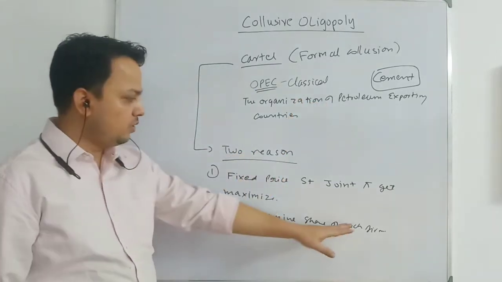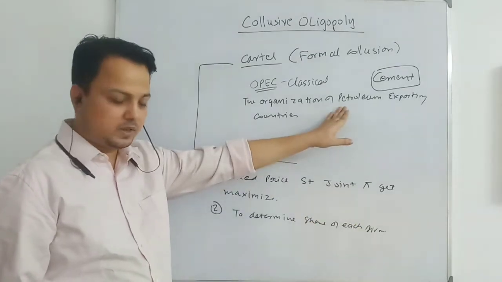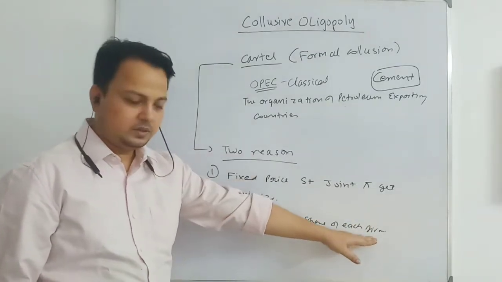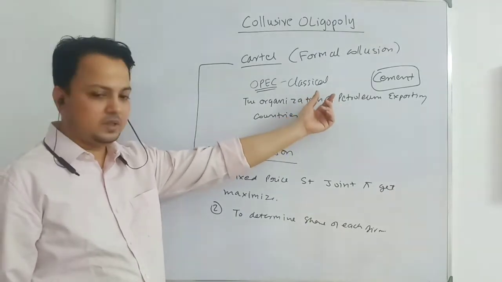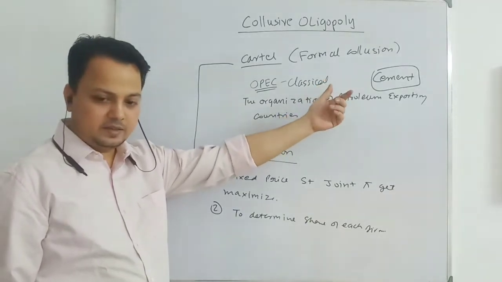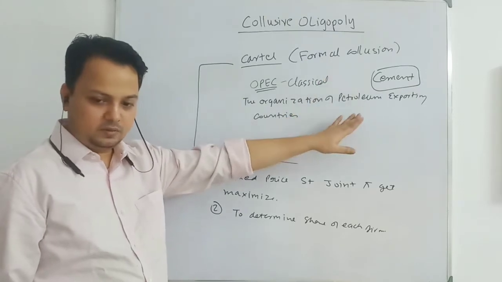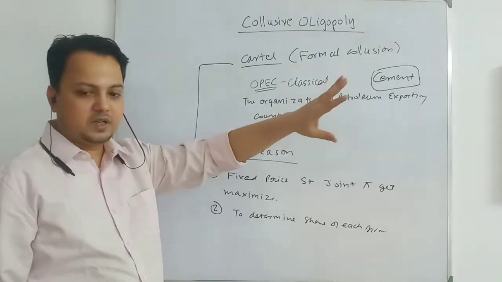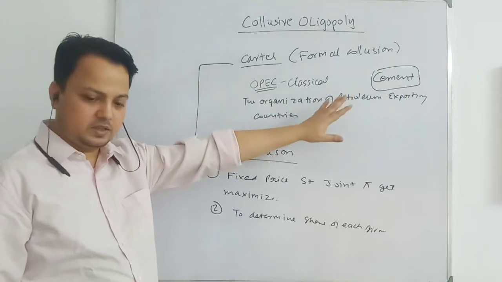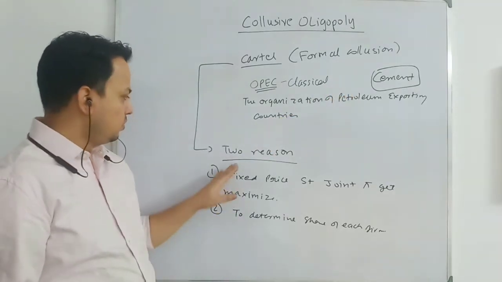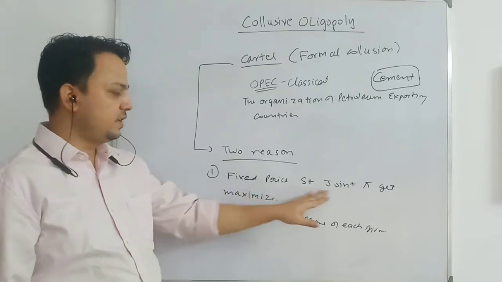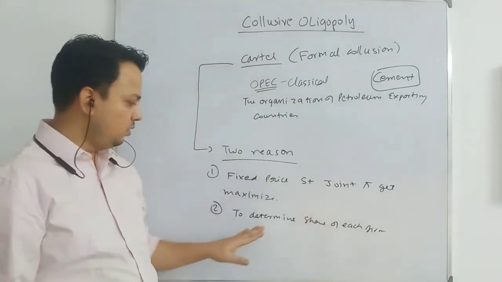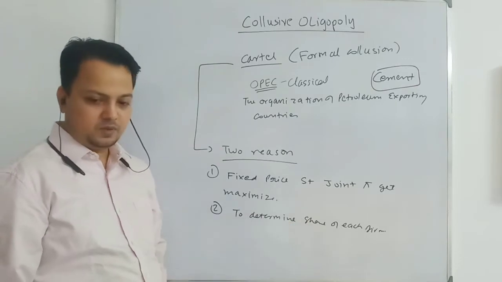So don't get confused. Here you talk about a country, there you take a firm. Say you have one industry, and that industry is the firm producing oil. It can be country, industry, whatever you want to take, it is the same thing. So what is the reason to form a cartel? The first reason is that it fixes price such that joint profit gets maximized, and to determine the share of each firm.